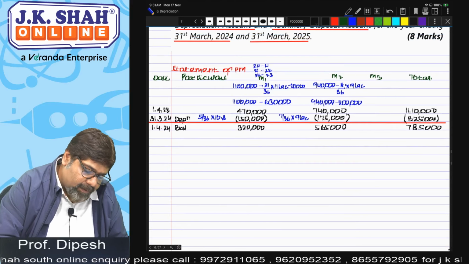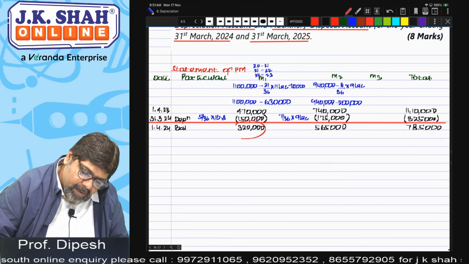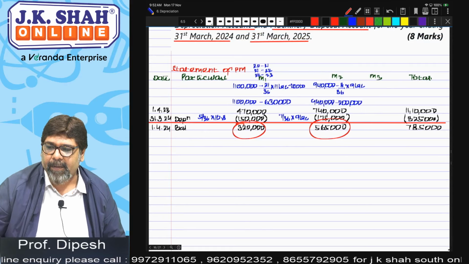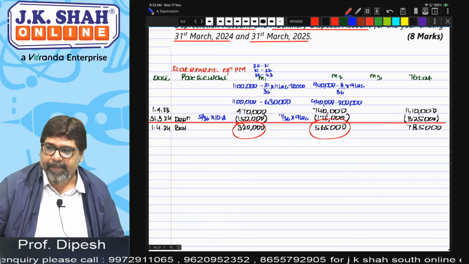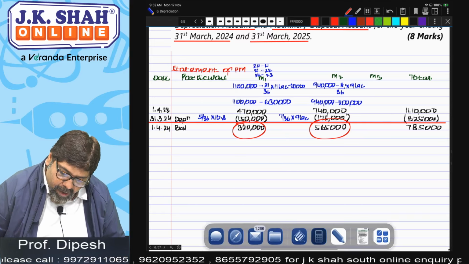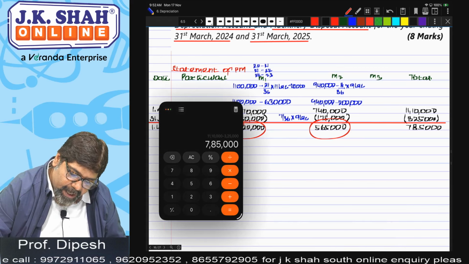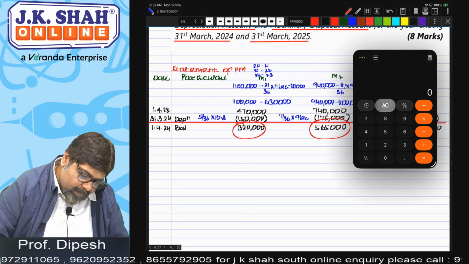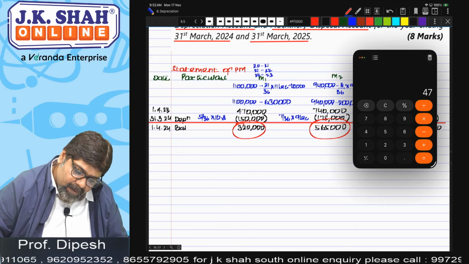Chartered, can you tell me one thing? Is this figure 320 and this figure 565 correct? Quickly. Your answer will come tomorrow only. 470.